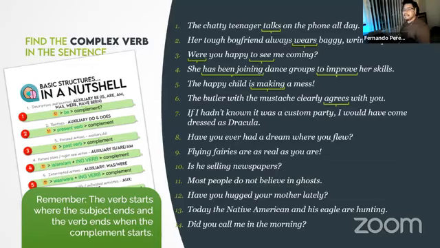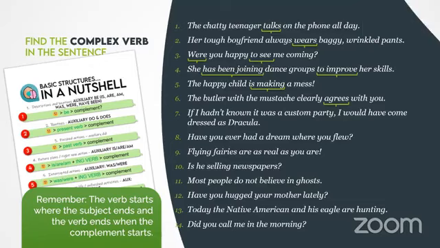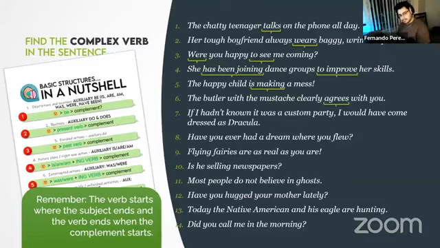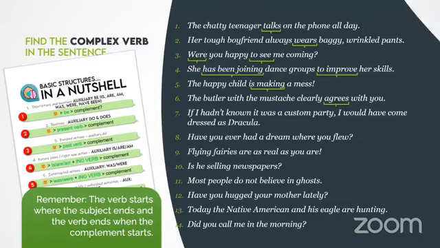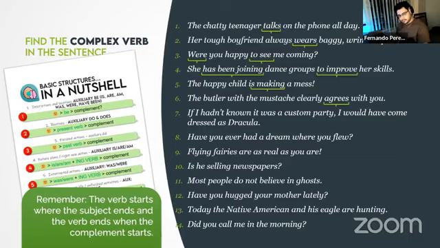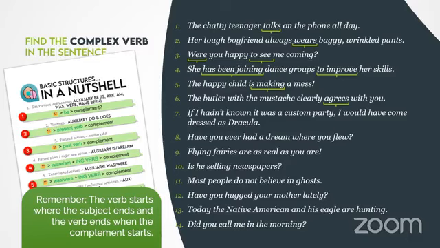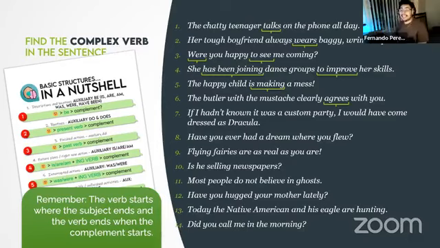Perfect. Number 7. Go, Easty. If I hadn't known it was a costume party, I would have come dressed as Dracula. Two ideas. Very good. So two ideas equals two complex verbs.